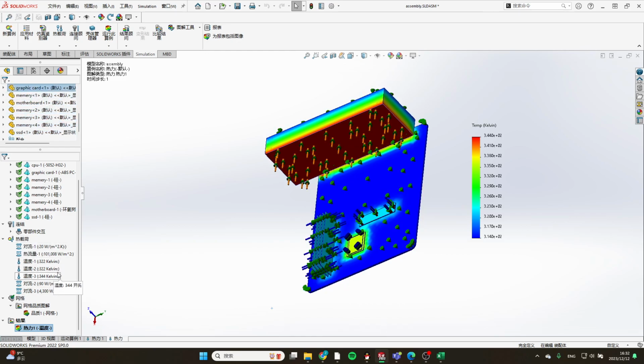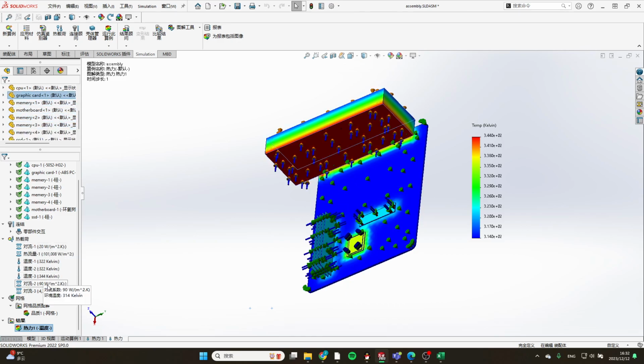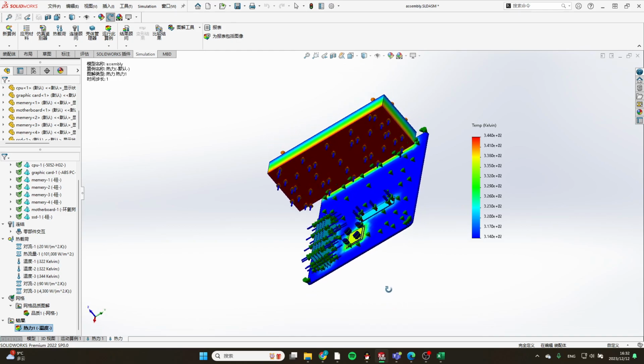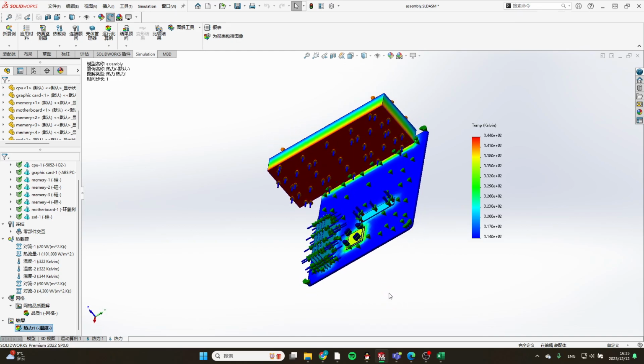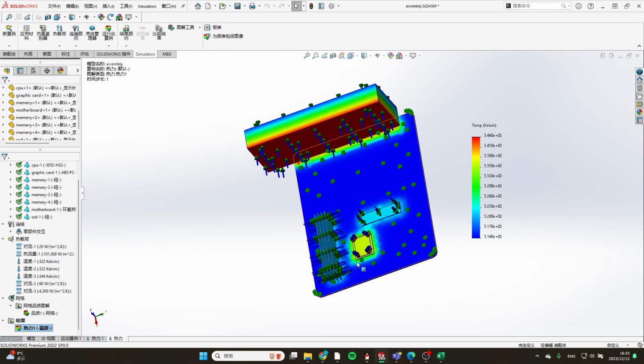The temperature tested, and the convection heat transfer coefficient for GPU and motherboard. I'm assuming this value, and I will show it's not necessary to assume an accurate value. And this one is the output value. We change this value until the surface temperature of the CPU reaches the target.